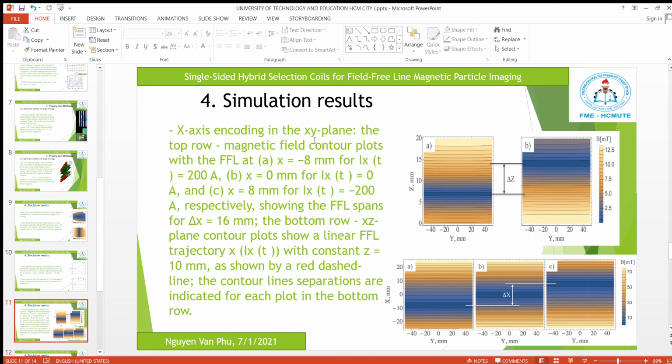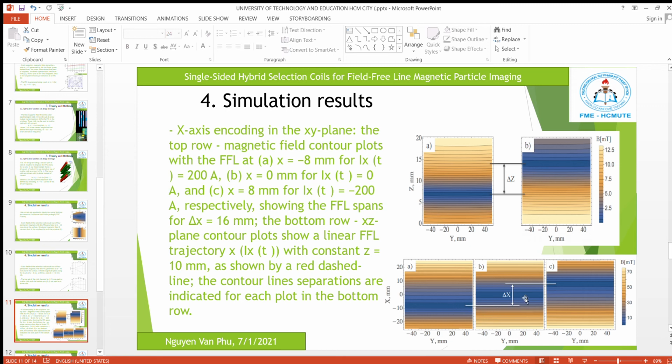X-axis encoding in the XY plane: the top-down magnetic field contour plot with the FFL at x equal 8 millimeters for Ix equal 200 amperes, and x equal 0 millimeters for Ix equal 0. The FFL is shifted to x equal 16 millimeters. The bottom-row XY plane contour plots show the FFL translating along x with constant z equal 10 millimeters, as shown by the red dashed line.